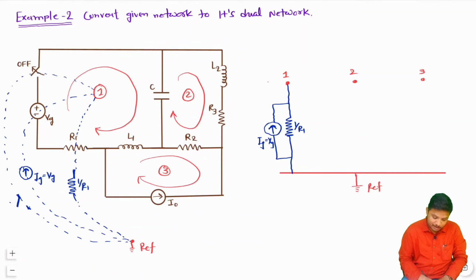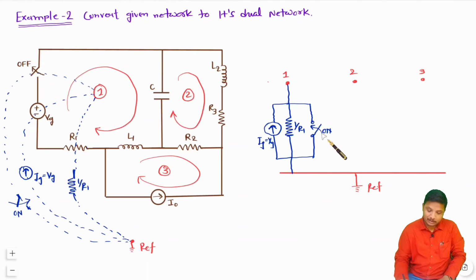You see this switch is off over here, so here I need to make it on. So now I will be connecting the switch between node 1 and reference. The only difference is that I'll be making this switch on, as it was off in the given circuit, but in its dual it will be on.